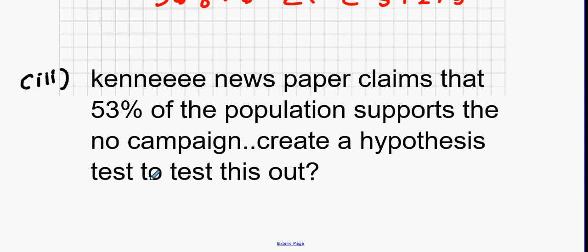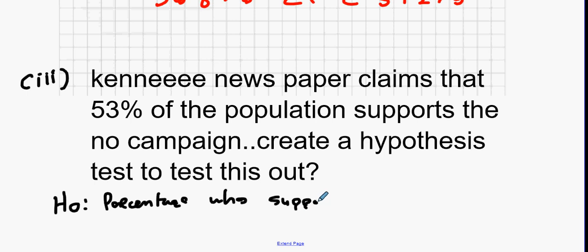Okay, so write that down. So H0 is percentage of people who support the no campaign is 53%.